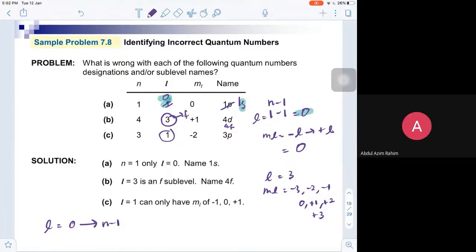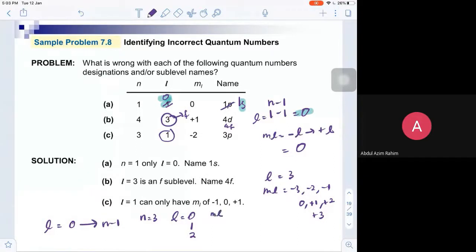What are the other L values when n is equal to 3? 0, 1 and 2, because they go up to n minus 1.